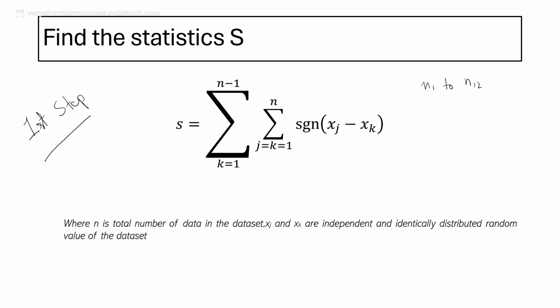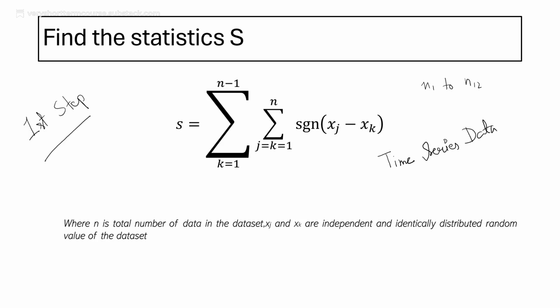Then we will try to analyze whether each of these data is greater than or less than each of the other data. Generally, this data set will be a part of a time series. That means all the data will be dependent on time, because this type of trend detection test is generally applied to time series data.